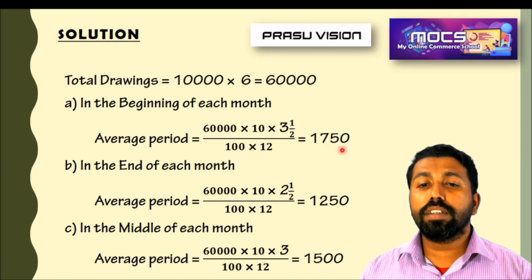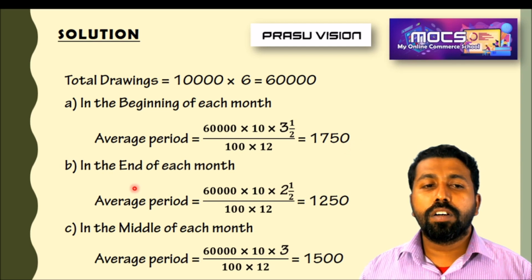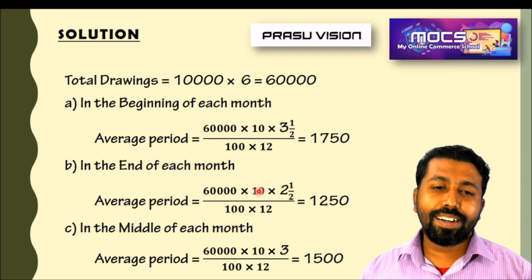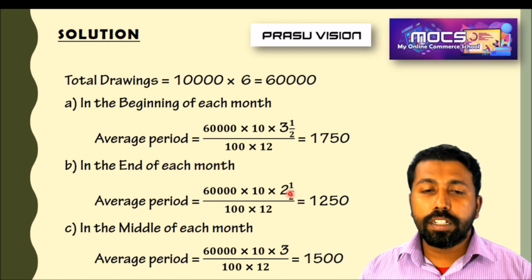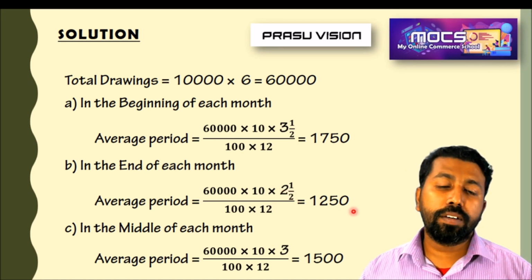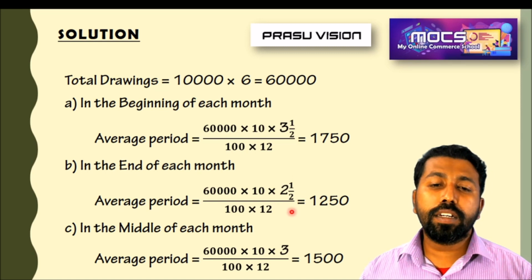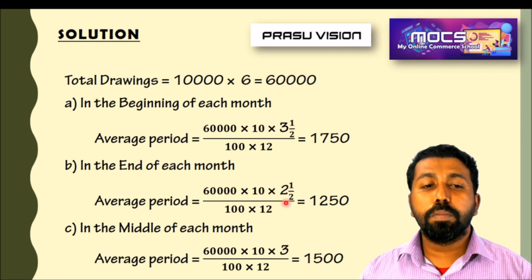We will get 1,750. Only the average period is changing in the second case. End of each month: total amount of drawings into rate by 100 into average period 2.5 divided by 12, amount 1,250. So here the average period changes to 2.5 because it is made at the end of each month.